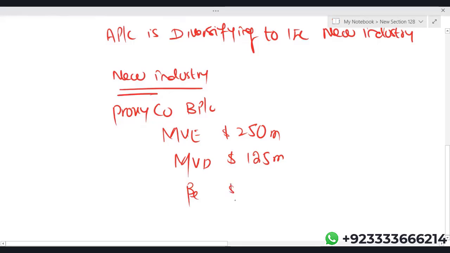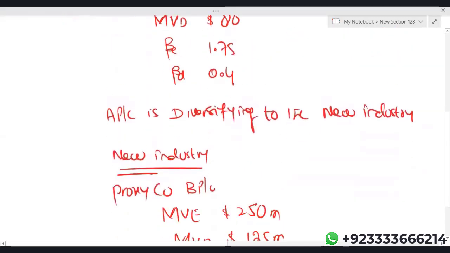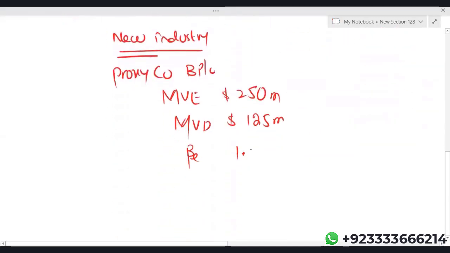Equity beta is, let's say, 1.8. Beta debt is, let's say, 0.6.